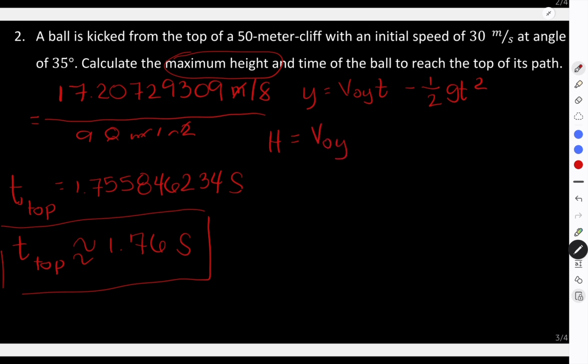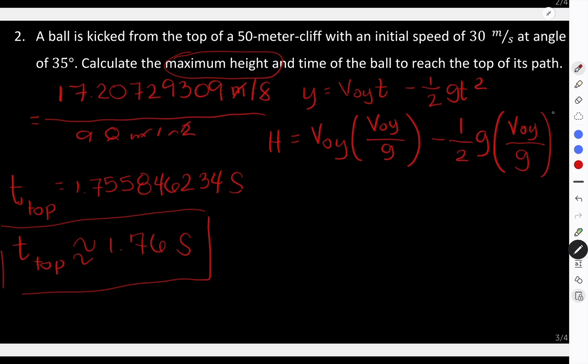Initial velocity in y, and then the time by the formula. So it is initial velocity in y over the gravity, right? Then next, that is minus 1/2 g multiplied by, since that is t squared, initial velocity in y component over the gravity, squared.